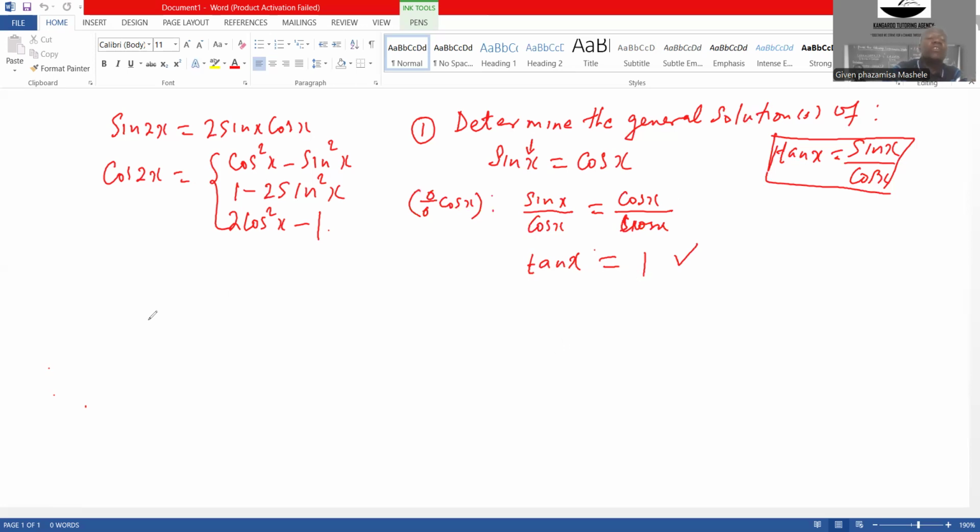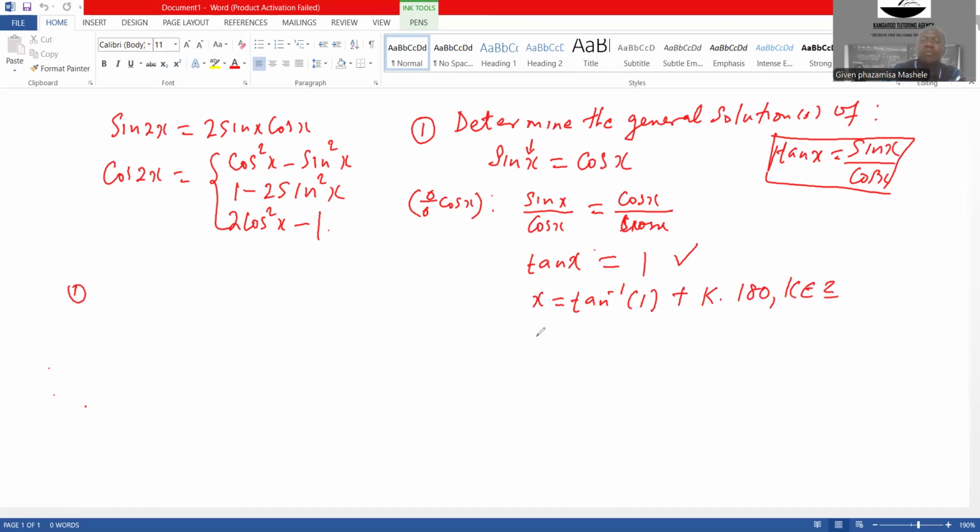And we know when we are determining the general solution for tan, it has only one solution with a period of 180. So it means we're going to say x equals the arctan, or the inverse function, of 1 plus k times 180, where k is an element of integers.